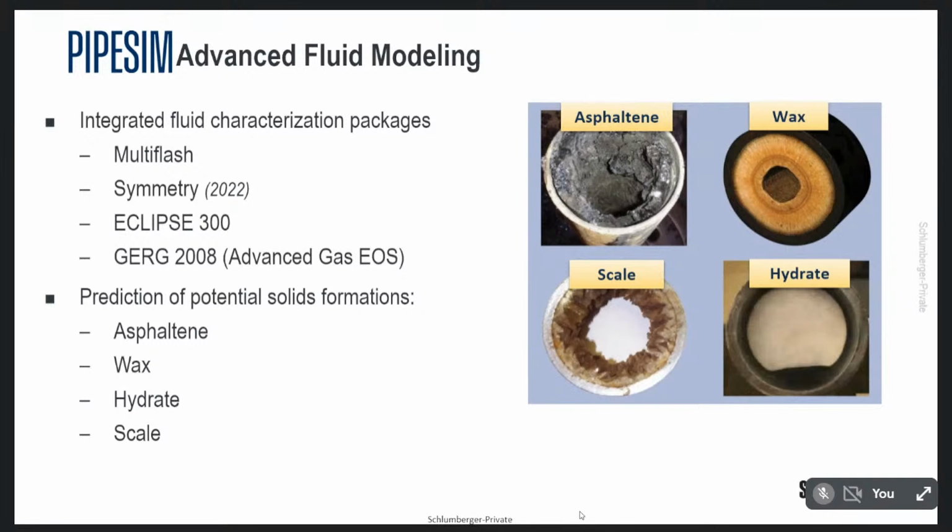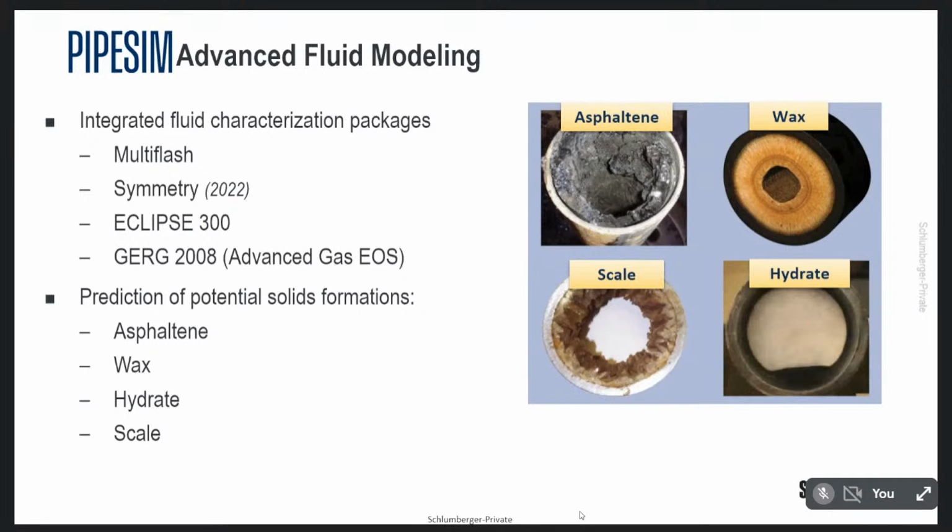In process simulation, Schlumberger offers Symmetry, which is a product from a company called VMG that was acquired by Schlumberger about 2-3 years ago. We are now integrating a Symmetry fluid engine into Pipesim. So this is just another option for you as a client, in addition to Multiflash, probably for comparison or for certain areas.